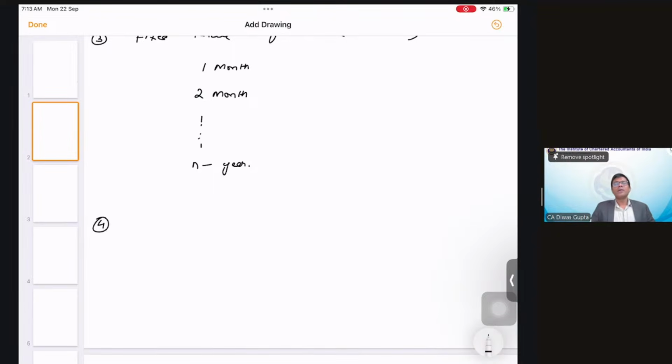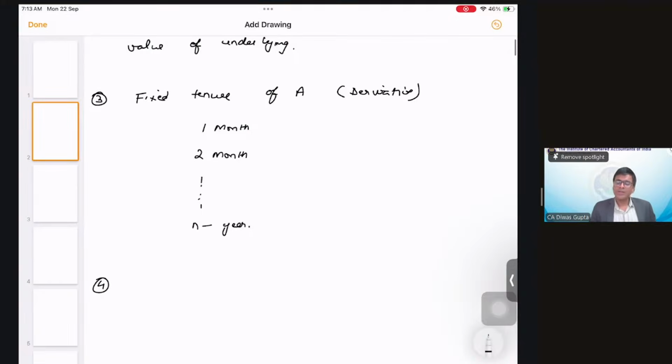Then, once the parties are defined, the underlying is defined, the tenure is also defined, it also needs to be understood how the settlement will happen.